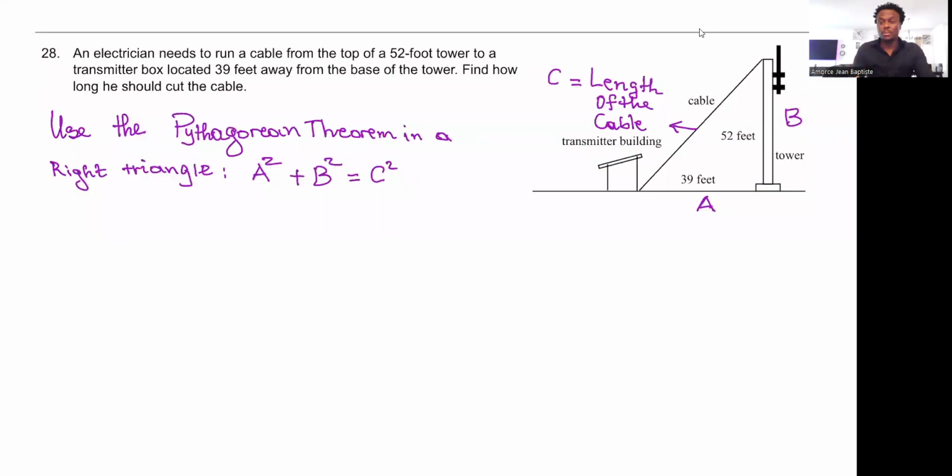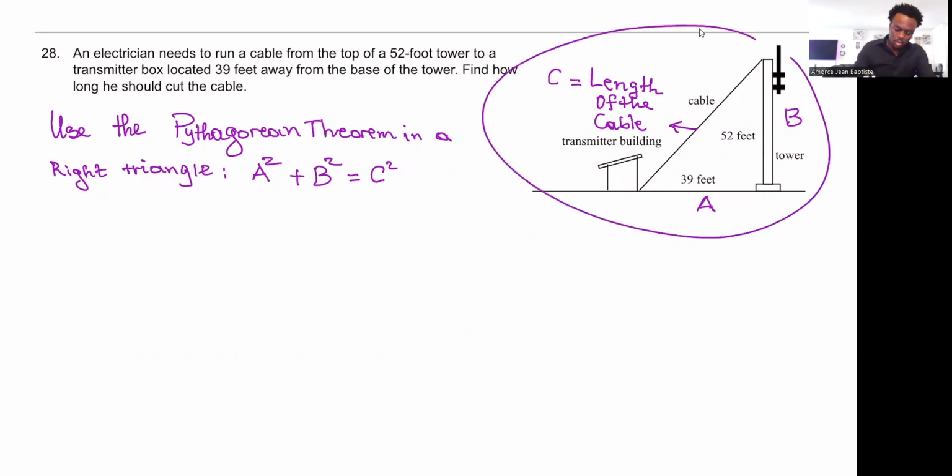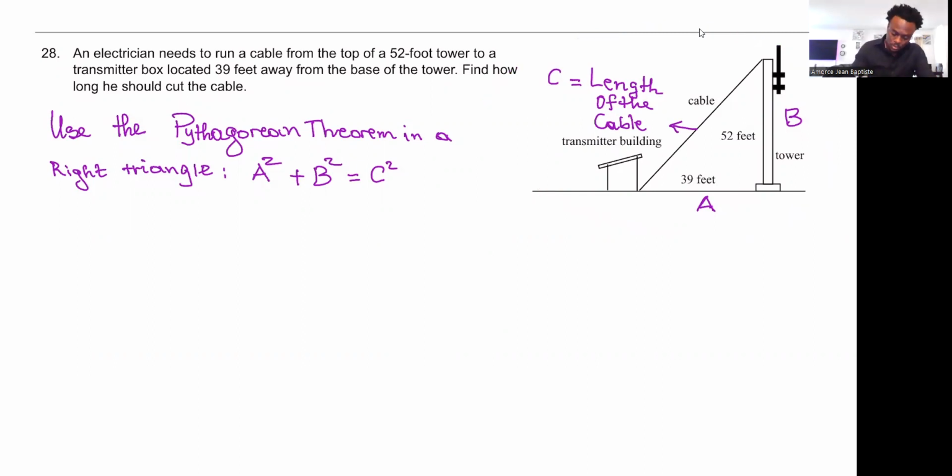In this problem, we can see in the diagram a right triangle, so it's easy that we can use the Pythagorean theorem to find any part of this triangle.